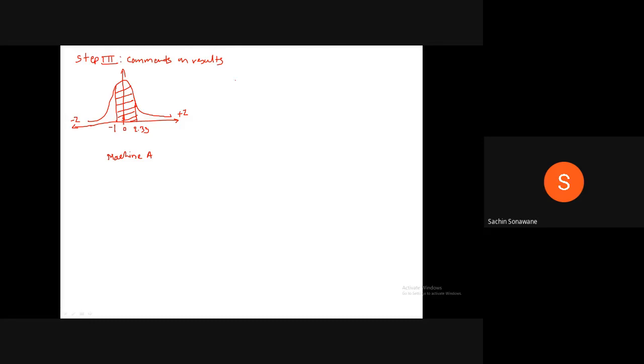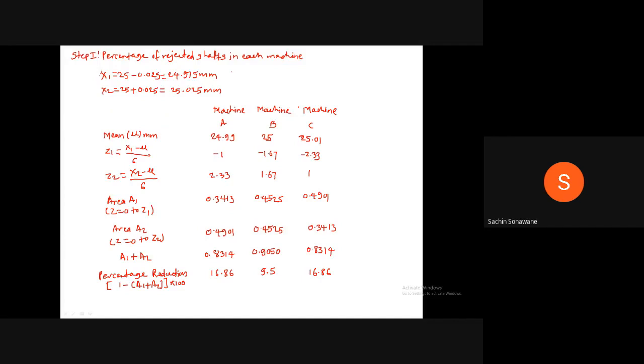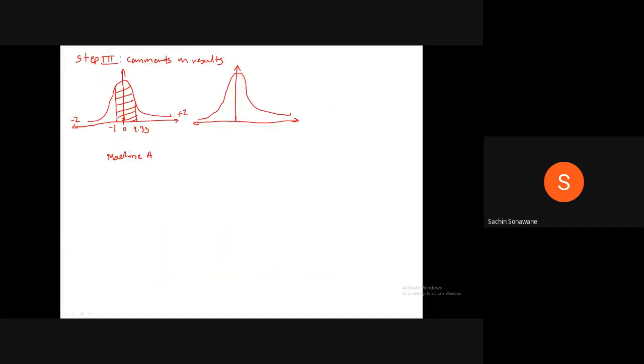Again, I will draw for machine B and C. Now for machine B, Z1 is equal to -1.67, Z2 is equal to plus 1.67. Therefore, both are symmetric.